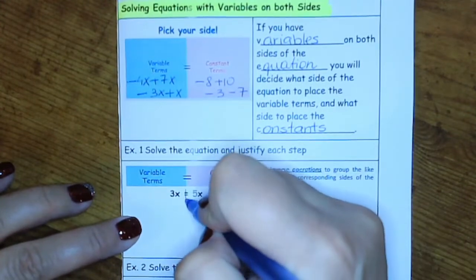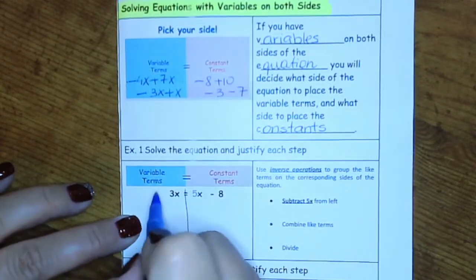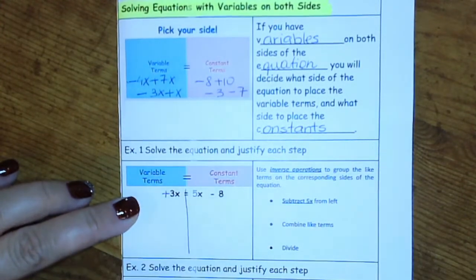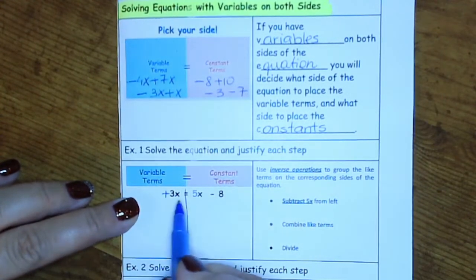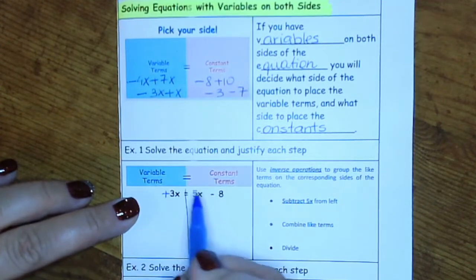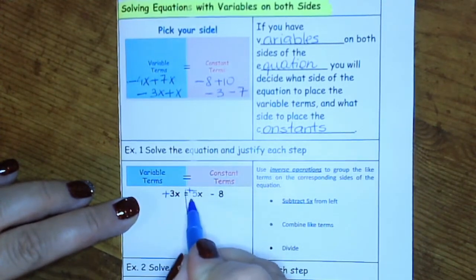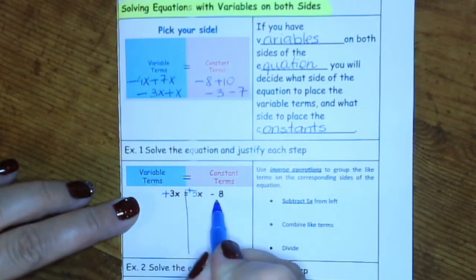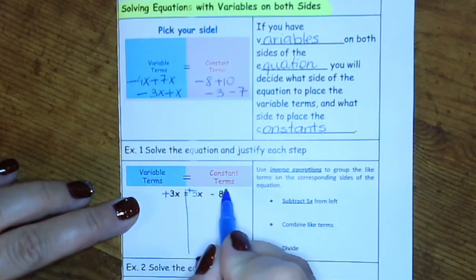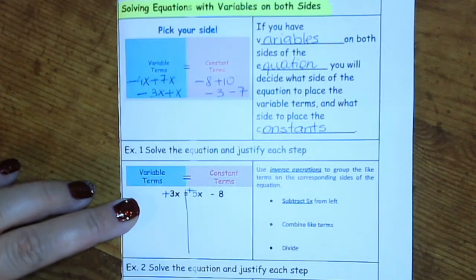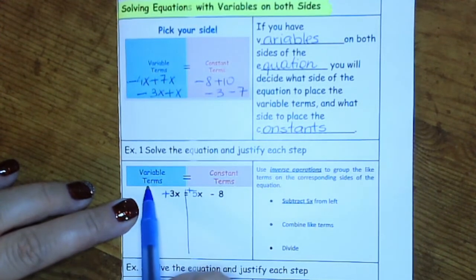In my equation here, I have positive 3x. Make sure we put the positive sign in front. Every term has a sign. On the left side of the equation. On the right side, I have positive 5x, which is a variable term, and I have negative 8, which is a constant. I decide to have variables on the left. I always like the variables to be on the left, and constants on the right.